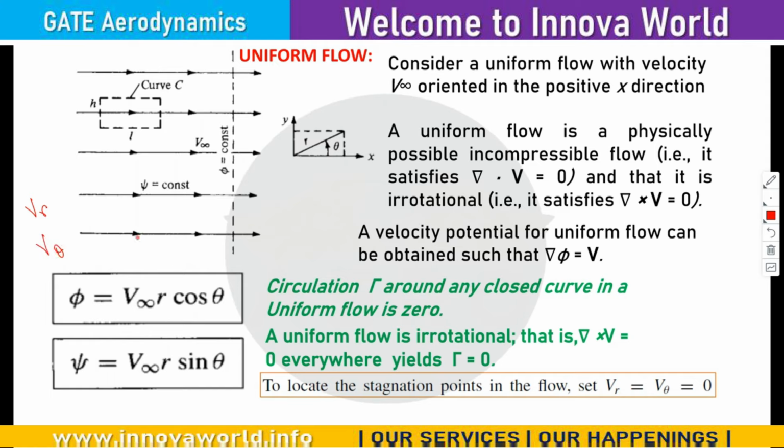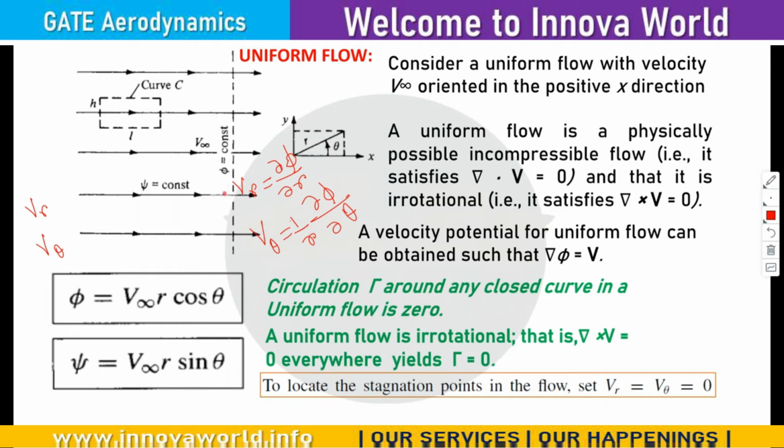So when we want to write down for a velocity potential, Vr equals to dou phi by dou r and V theta equals to 1 by r dou phi by dou theta. Okay. This is in terms of velocity potential.